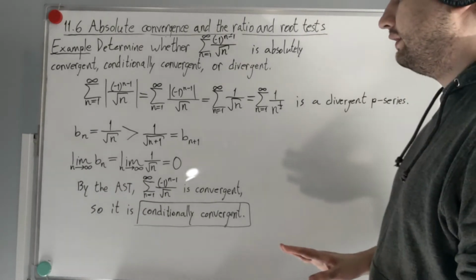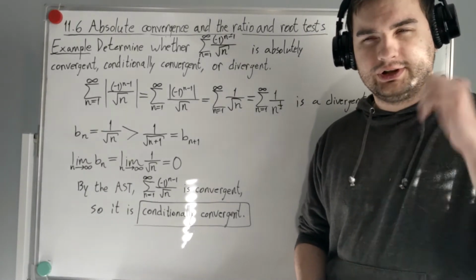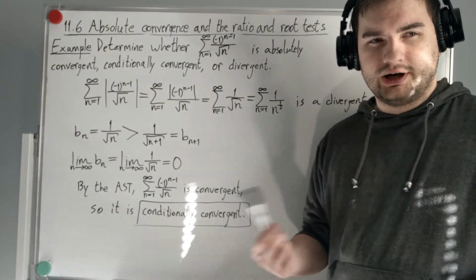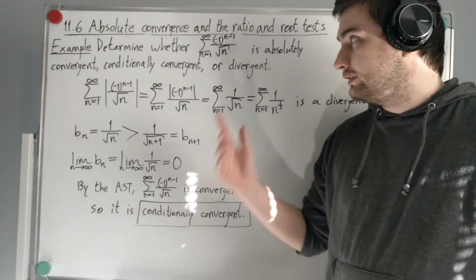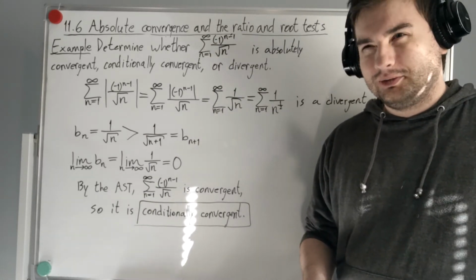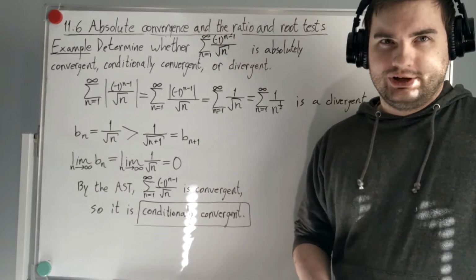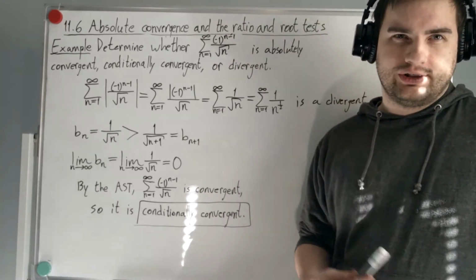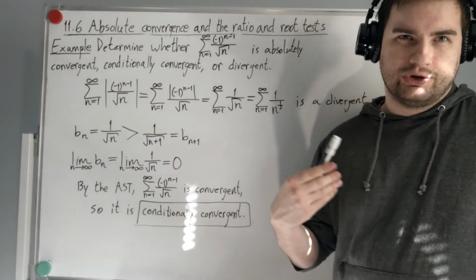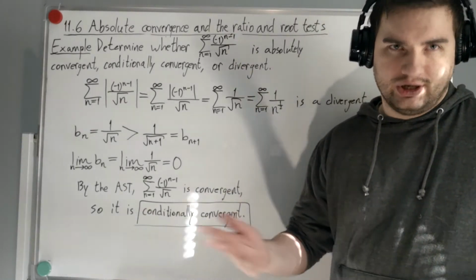And this is fairly typical. Like the example that I did to show that the alternating harmonic series is conditionally convergent, and this example, they illustrate a pretty common strategy, probably something that you'll do most of the time. When you're given an alternating series, you're asked whether it's absolutely convergent, conditionally convergent, or divergent. If you find it's absolutely convergent, you're done.